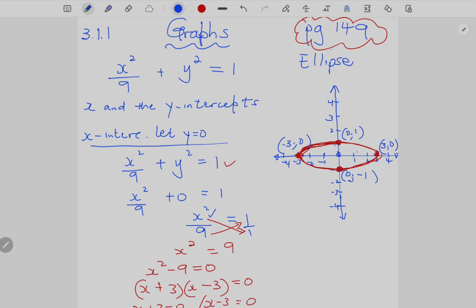So what do you notice about an ellipse? Its shape is like an egg. It's an oval shape, but its name is ellipse. Then if you have shown all the coordinates, you get a mark for this, a mark for this, a mark for this one, and also a mark for this one.